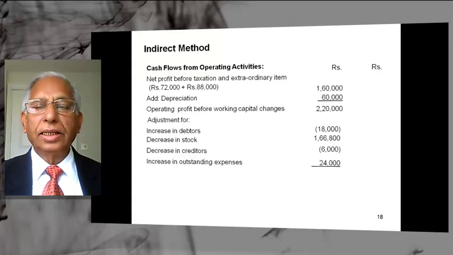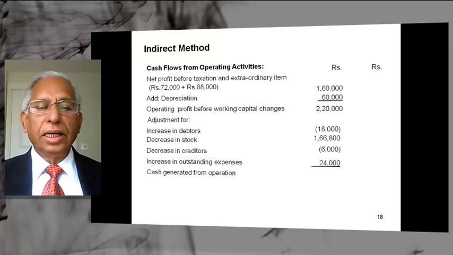If any current asset decreases, then it will result in the inflow of cash. Creditors, if they decrease, it is reverse of current assets. If creditors decrease, then it is payment to them, it is an outflow item. That's why we have written this in bracket. Increase in outstanding expenses, this is considered inflow.